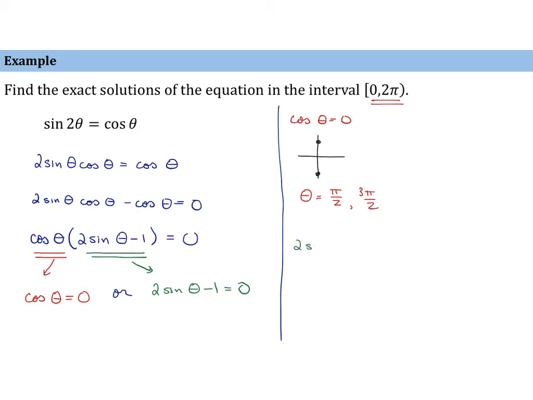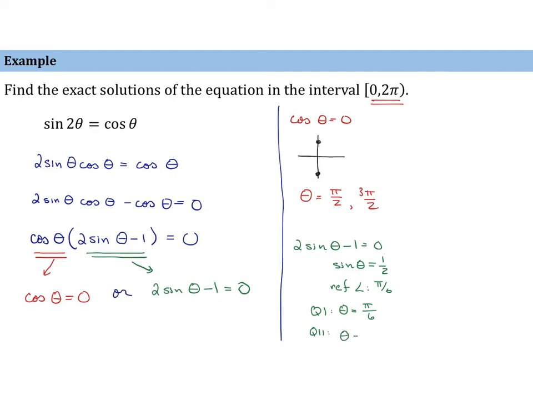If we look at 2 sine of theta minus 1 equals 0, that's the same thing as if sine of theta equals 1/2. So the reference angle there is pi over 6. And that could be in quadrant 1 or quadrant 2. So if we're in quadrant 1, pi over 6 plus 2 pi n, but in this case we're only looking at 0 to 2 pi, so we don't have to worry about the plus 2 pi n.